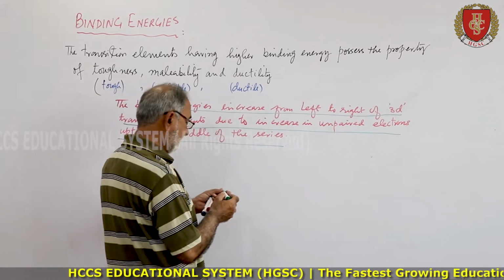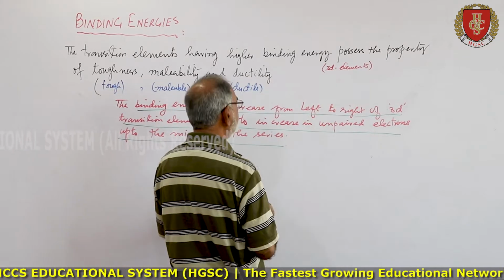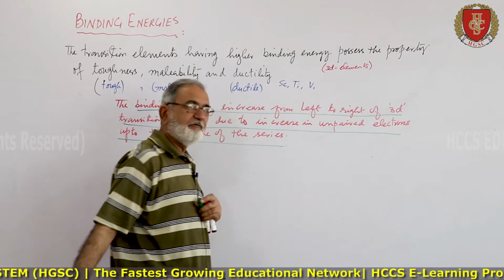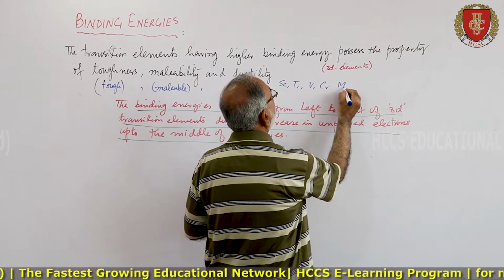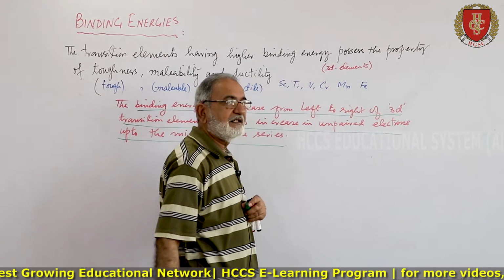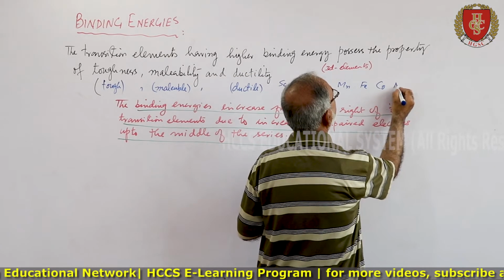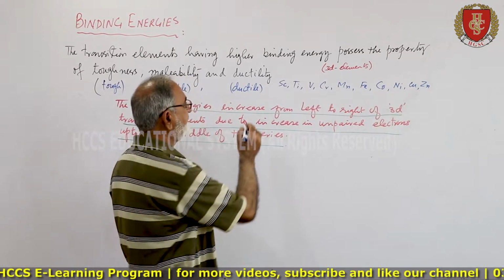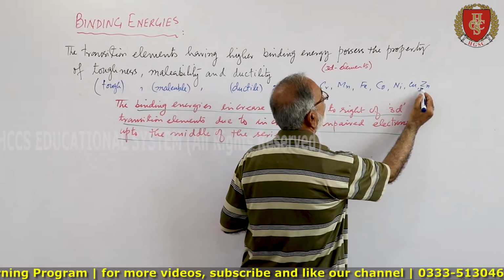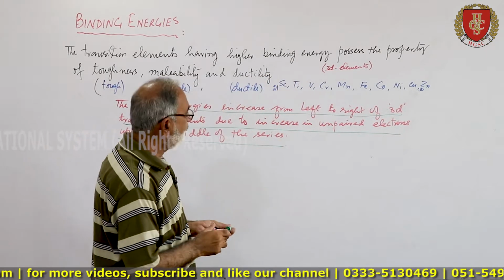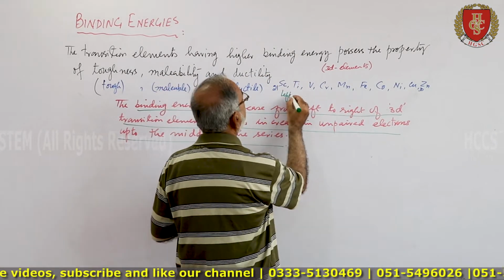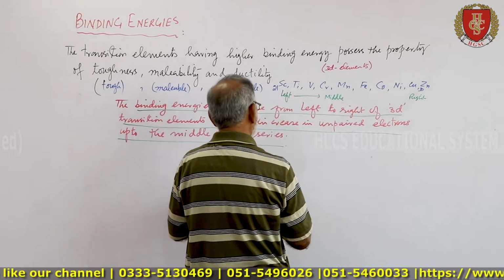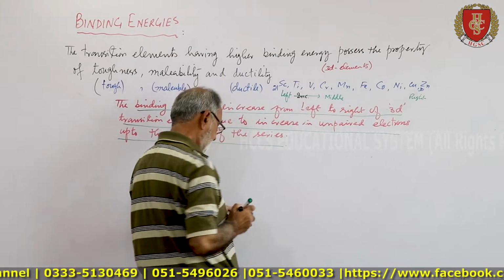The 3d elements are scandium, titanium, vanadium, chromium, manganese, iron, cobalt, nickel, copper and zinc, that is 21 to 30. So if we move from left to right up to the middle, this increases.